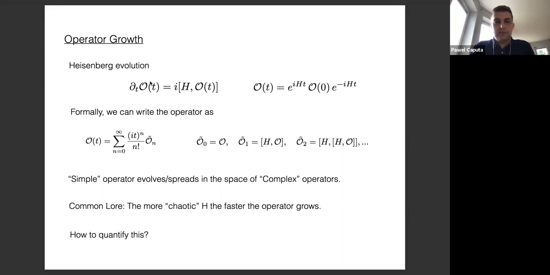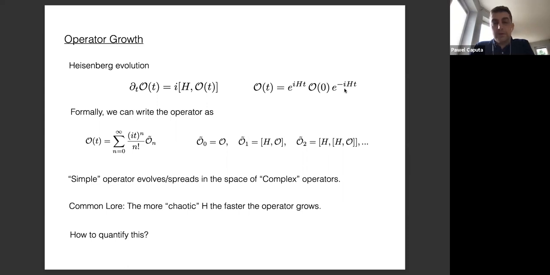So the time derivative of the operator is equal to the commutator with the Hamiltonian. And formally, we can write the solution of this equation as basically the standard from quantum mechanics: unitary evolution with e to the iHt of the operator at 0, and then its conjugate.